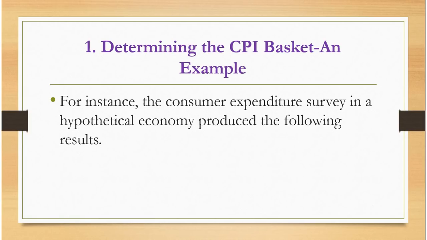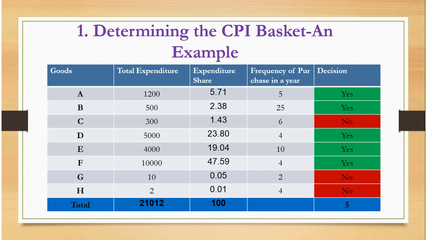For example, we have a simple economy where there are few goods and services, and the household expenditure survey shows that households spend almost half of their expenses on good F. 47.59% of the household expenditure goes to good F. The second most important good in the consumers' budget is good D. 23.8% of the consumer expenditure goes to this good.